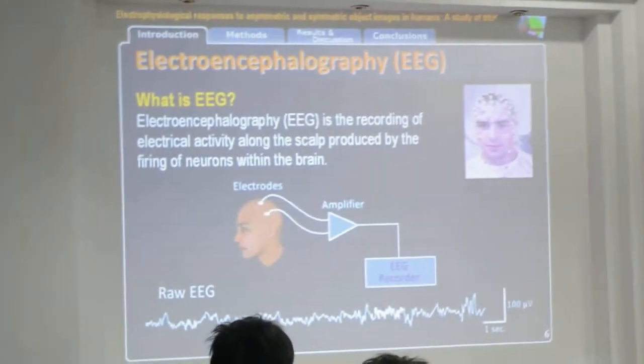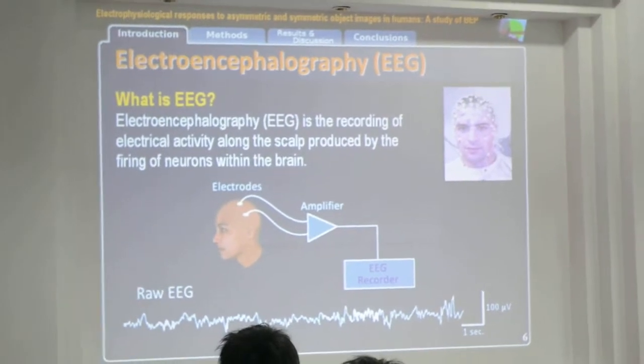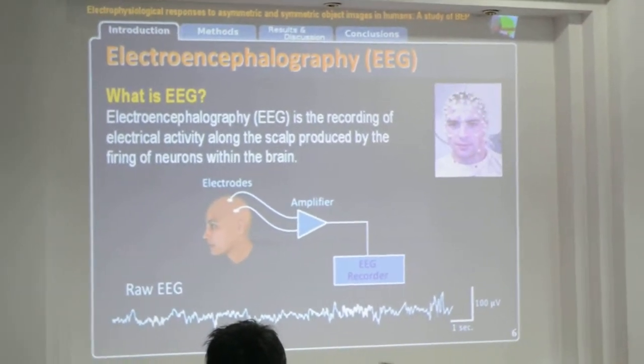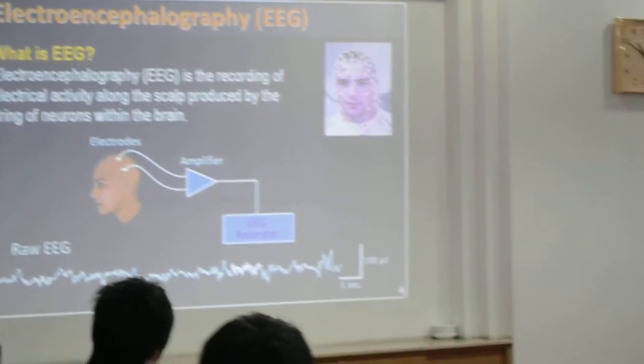One of the methods is EEG, or electroencephalography, which is the recording of the electrical activity along the scalp produced by the firing of the neurons within the brain. One of the common methods uses non-invasive scalp electrodes like this, as we use in the experiment, that measure the potential difference between two electrodes.